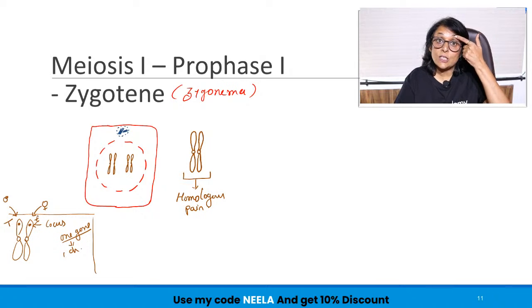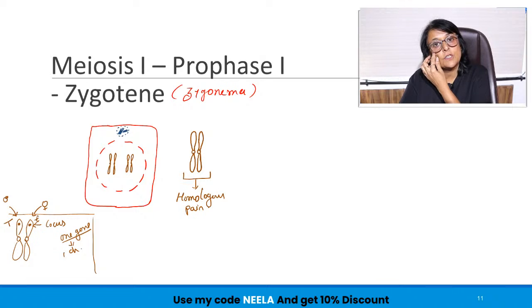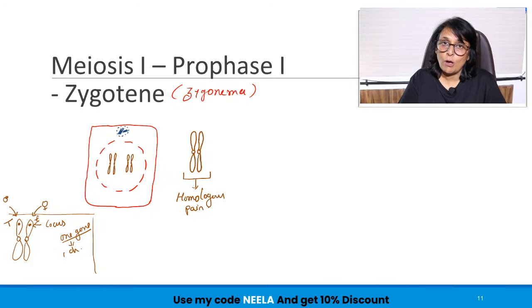So gene is same, it is the gene for height, but from one gamete the allele for this gene which is received is the dominant allele, and from the other the one which is received is the recessive allele. Both can be dominant, both can be recessive, one can be dominant and other can be recessive. But such a pair of chromosomes which has the same genes at the same position, then that pair is known as homologous pair.